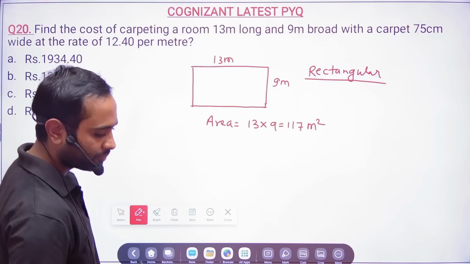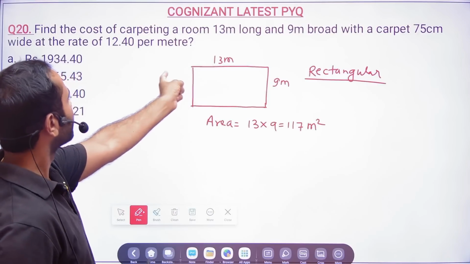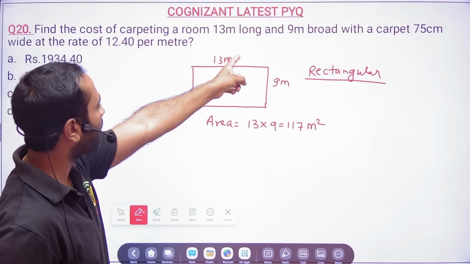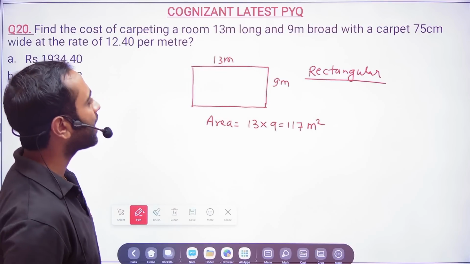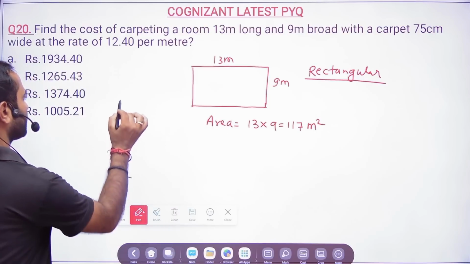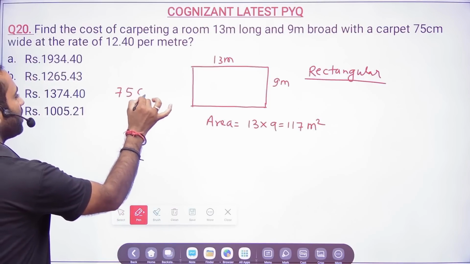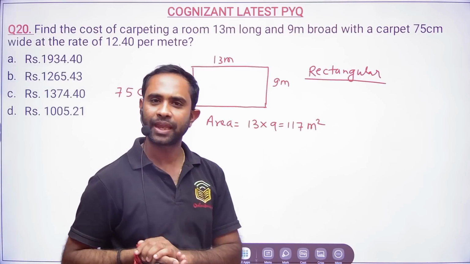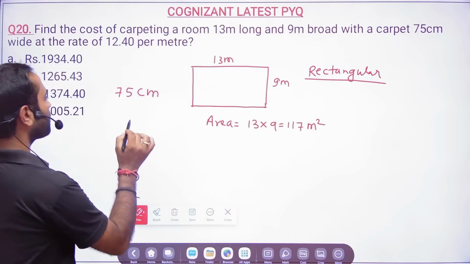Now they are telling us to find the cost of carpeting a room 13 meter long and 9 meter broad with a carpet of 75 centimeter. This is a little tricky. The carpet width is 75 centimeter, but your area is in meter square, so you need to convert it into meter.